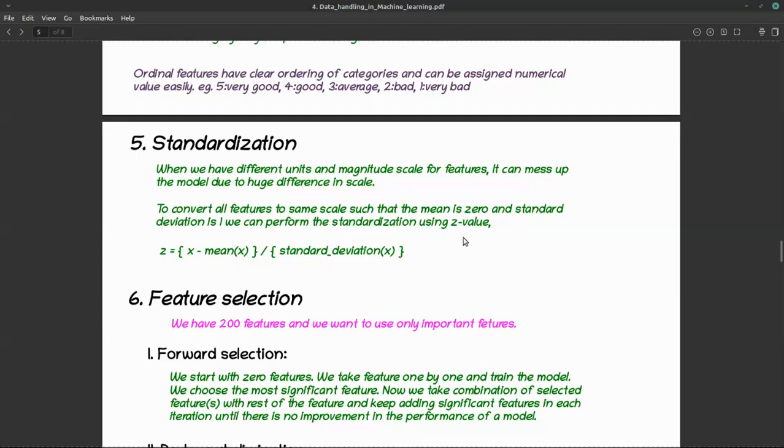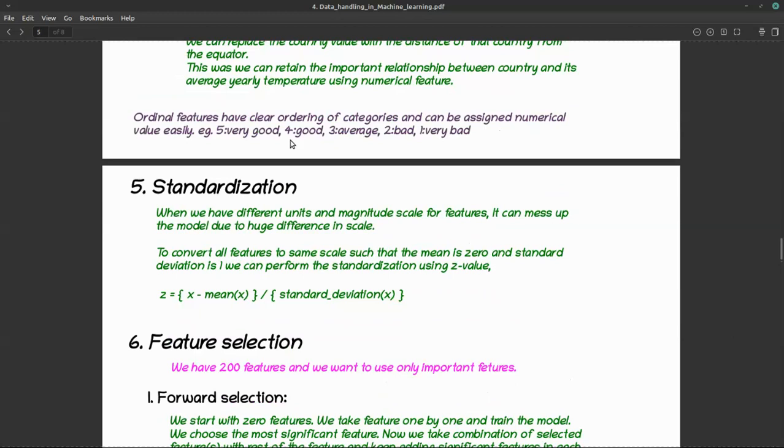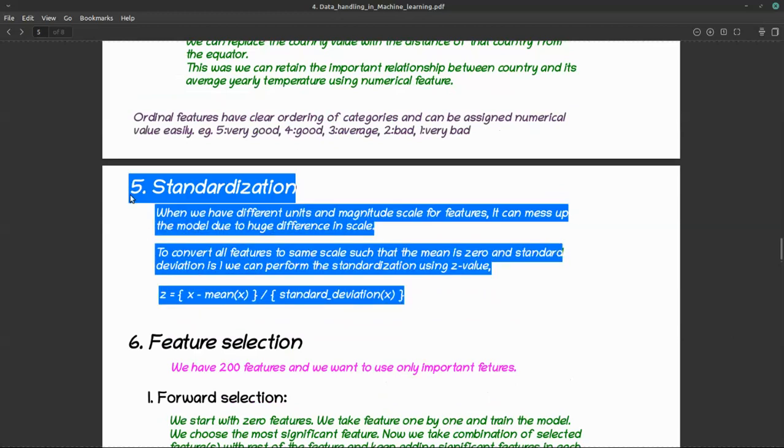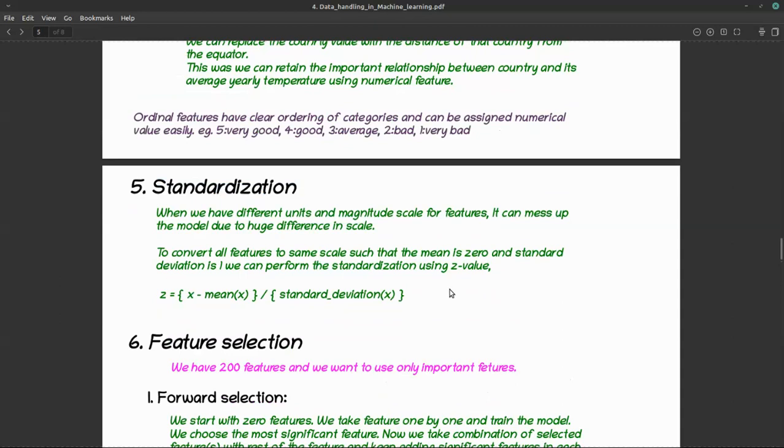Cool. The next problem that we have is nothing but the different scale. This, guys, we have discussed probably 10 times. If you have different scales, then it will directly impact the distance basically. So let's say one feature is in the range 0 to 5, another feature is from range 1000 to 5000, right?